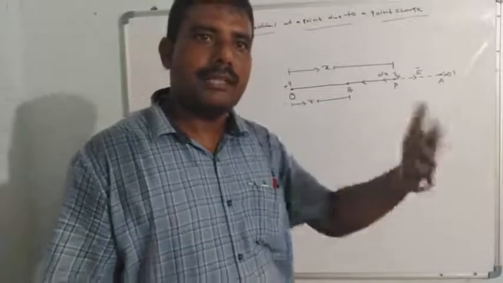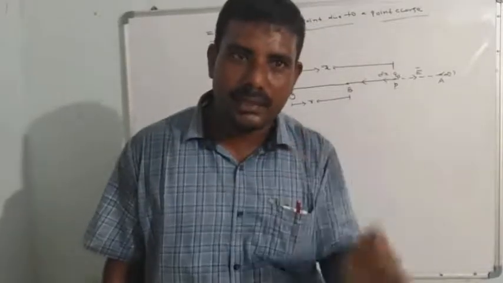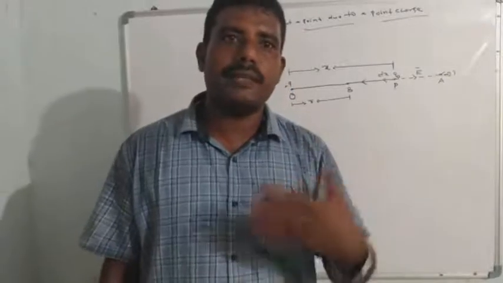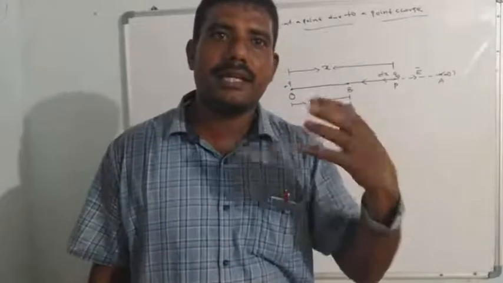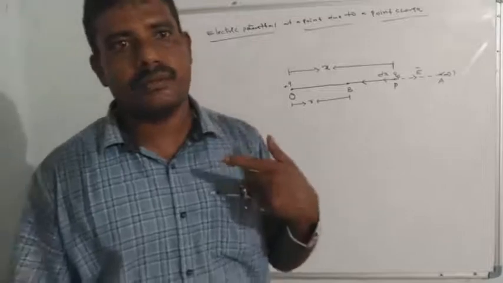By the definition of work done, when we apply some external force on the charge or body and it moves in the force direction, then we say some work is done.